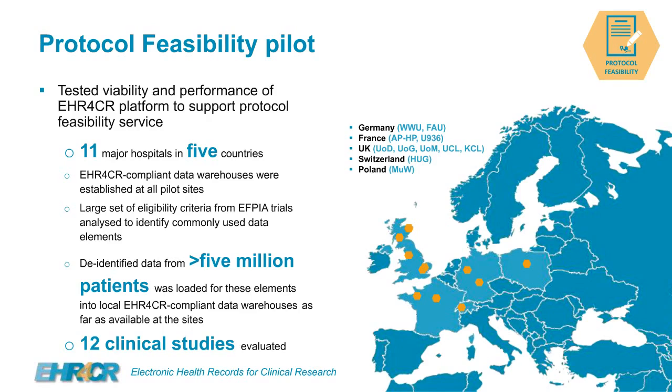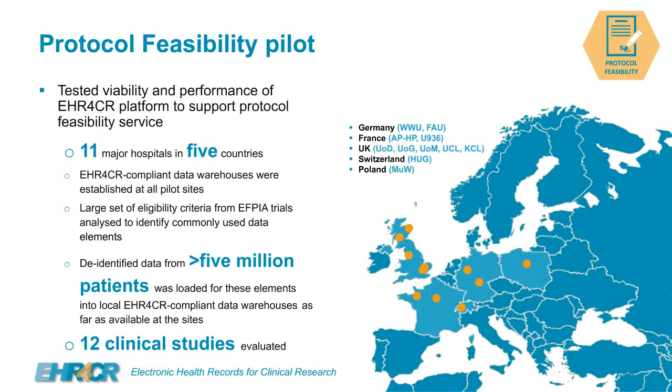And in fact, we identified 75 key elements ranging from demographic data through diagnoses, concomitant medications, and laboratory data that were both commonly in protocols as inclusion or exclusion requirements, but also were commonly in the healthcare system databases. We've actually published a paper in the journal Trials describing those elements and justifying their use.